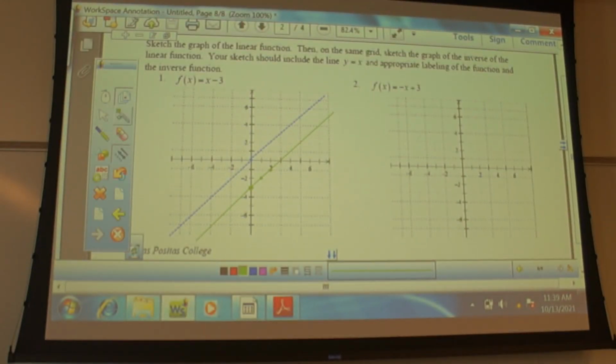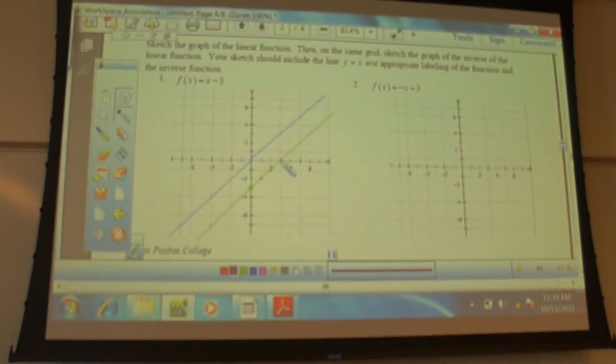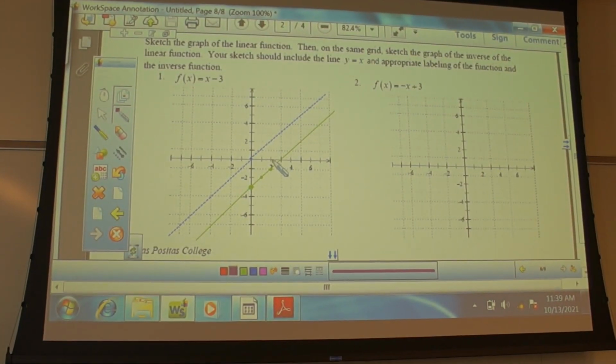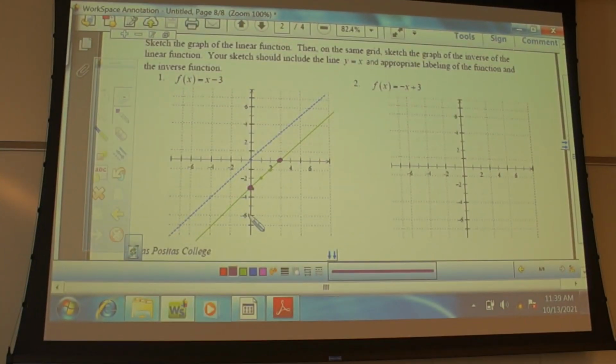Is that right? At least. Now you need to reflect it. So remember, it goes across here. Oh, this one's easy. I picked this one and that one because they're right on the grid points. They're easy ones to get.